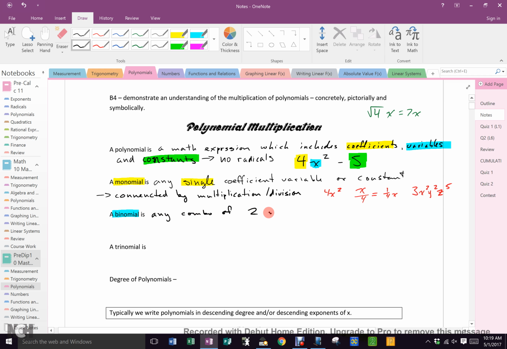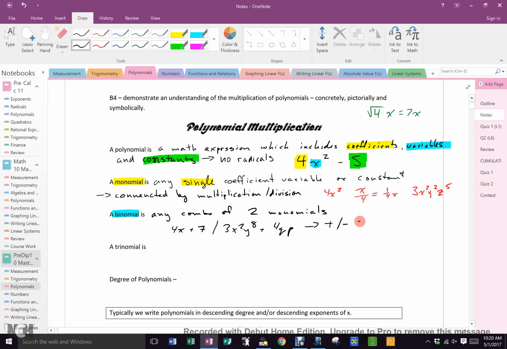All right. A binomial, which is the second one, is any combo of two monomials. So, 4x plus 7. Monomial, monomial, combined. Right? 3x squared y to the 8th plus 4qp. Binomial. Got it? Right, that's the next thing I'm going to write.